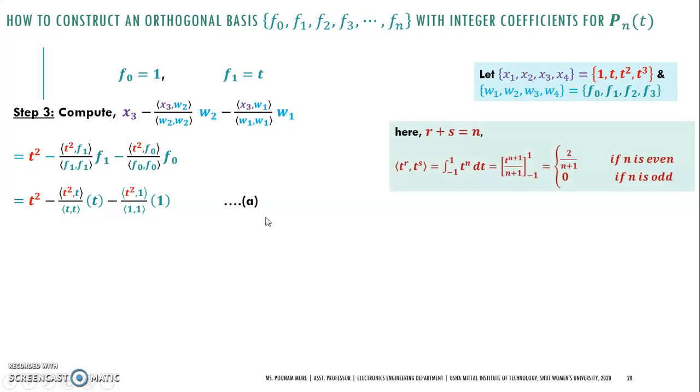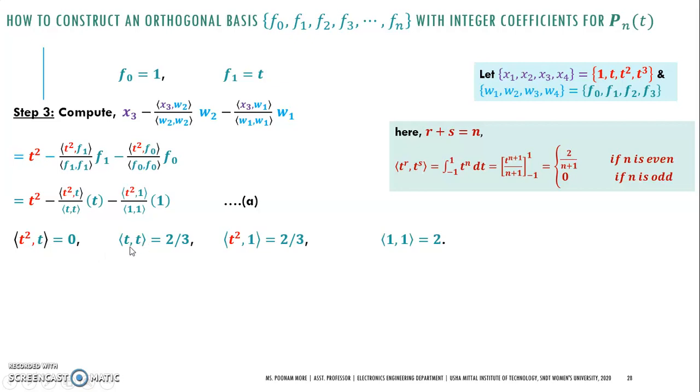Now we will use the rule that we considered at the beginning to find the inner product of t with two different powers. We can use this formula. We will consider every inner product term one by one. The inner product of t square with t becomes 0 as the sum of the powers of t is odd, and therefore the inner product is 0.